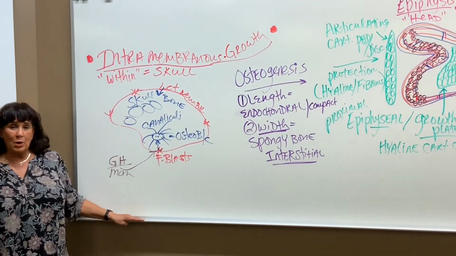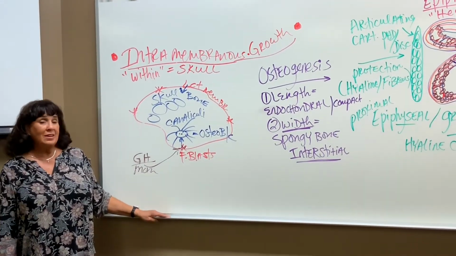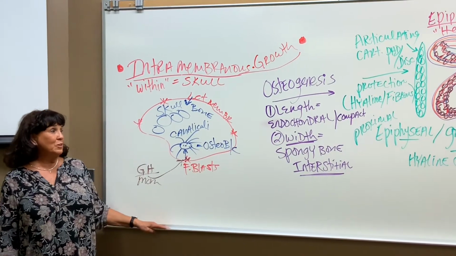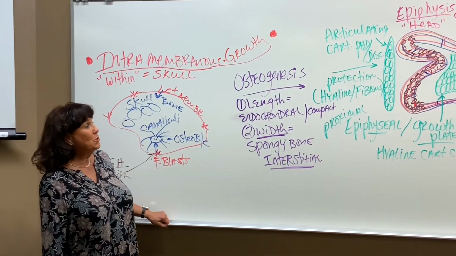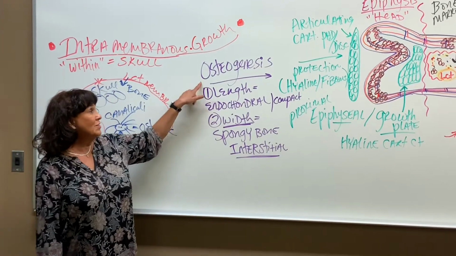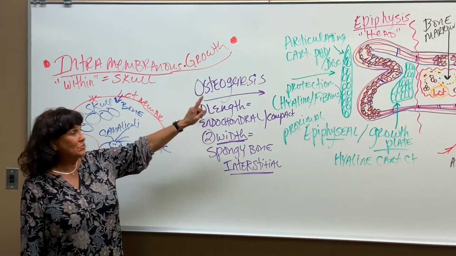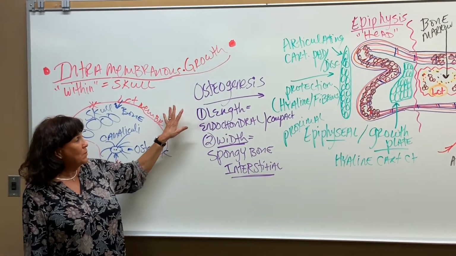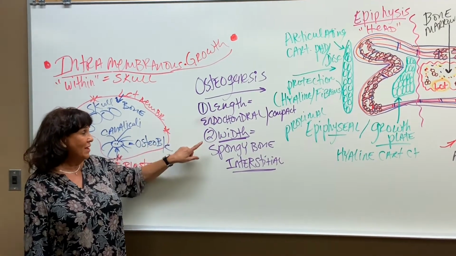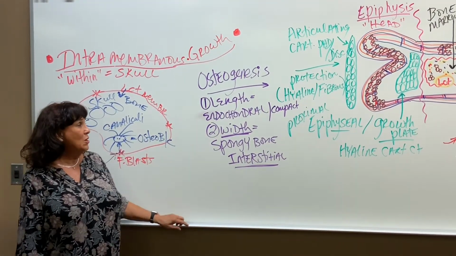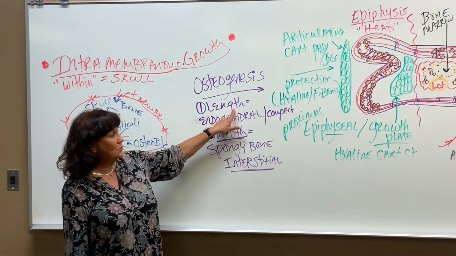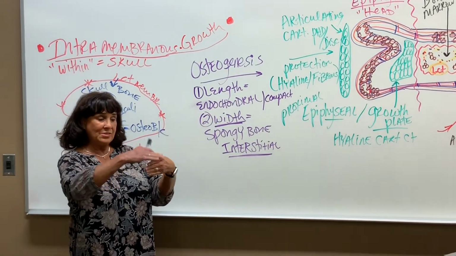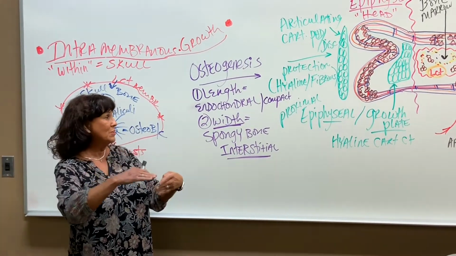So all the rest of the bones in the skeleton come from cartilaginous or hyaline cartilage CT baby bones, fetal bones. And so the type of growth that's going to come from cartilage is called osteogenesis. So osteogenesis means to make bone from cartilage bones. And so when you make bones, they have to increase in length and they have to increase in width. And so to add length to a bone, just like we did in cartilage, you're going to have to stack the cells one on top of the other with very little matrix around them.